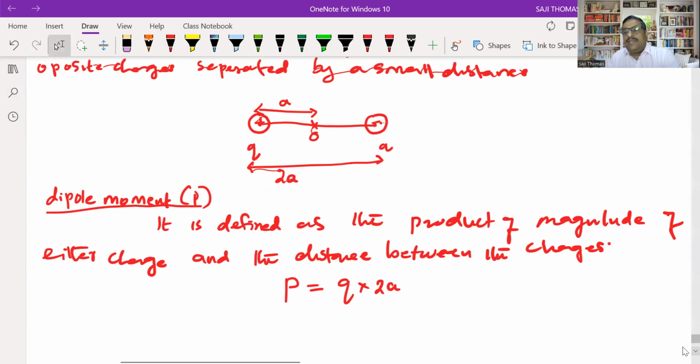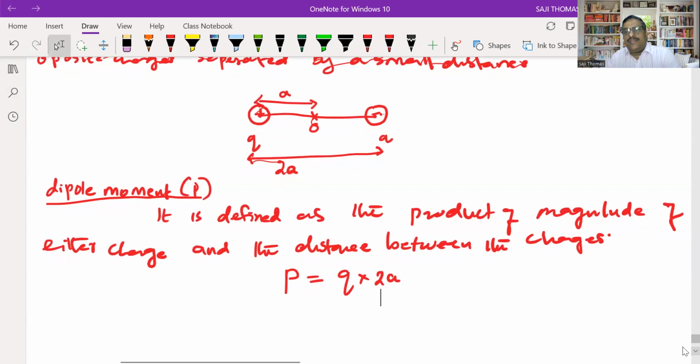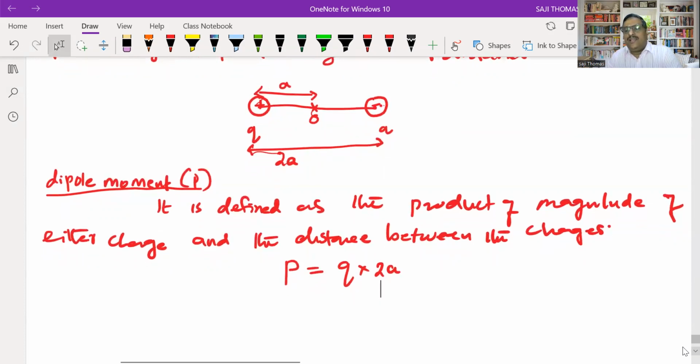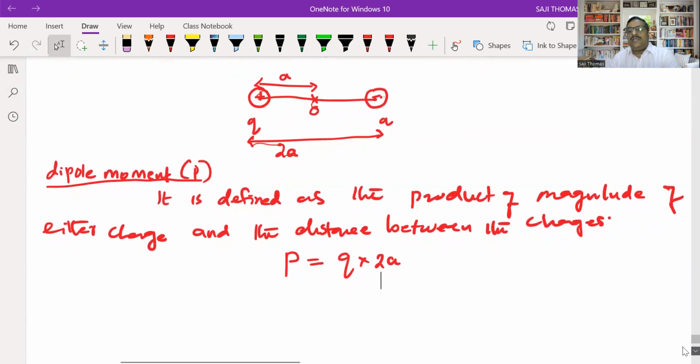This dipole moment is a vector quantity. It has direction. The direction of dipole moment is from the negative charge to the positive charge.